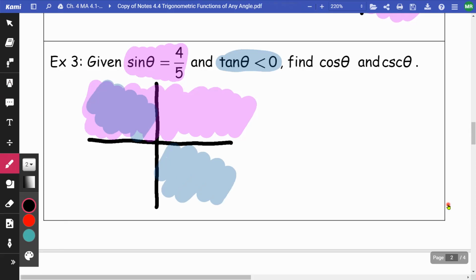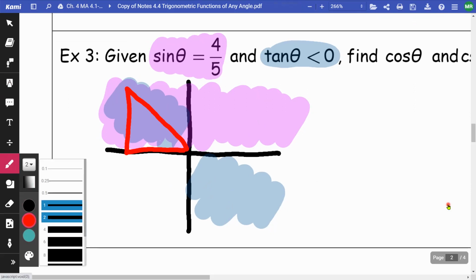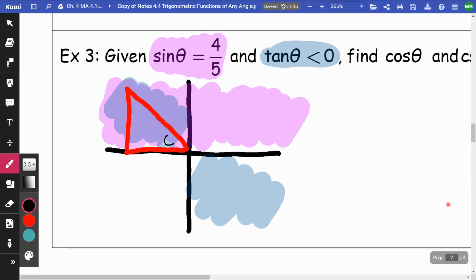So I'm going to be drawing a triangle in quadrant 2. So this triangle is going to be in this quadrant. My angle theta is going to be right here. And for this, I know that my sine of theta is 4/5.